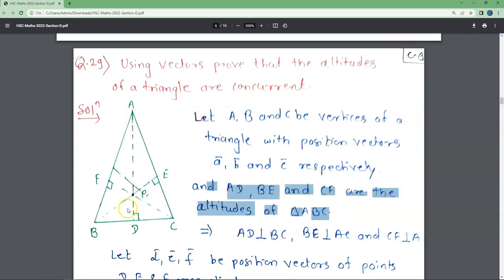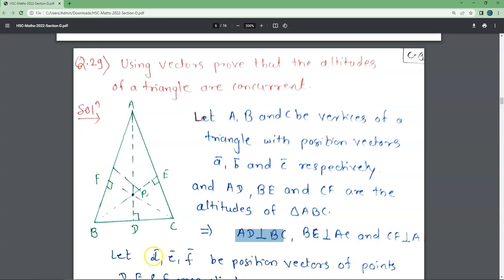So AD, BE, and CF are the altitudes. When I say altitudes, what does that mean? Those are perpendicular. मग AD हा BC ला perpendicular आहे, BE हा AC ला perpendicular आहे आणि CF हा AB ला perpendicular आहे. ओके, now let D, E, F — आता ABC चे position vector घेतले आपण, पण DEF चे घेतले का नाही.